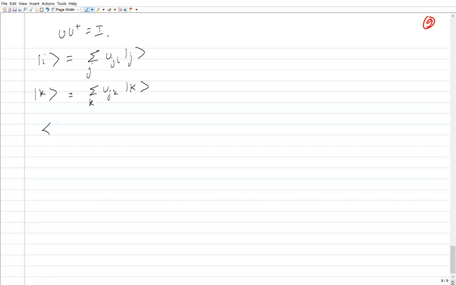Now the inner product <k|i> is nothing but the sum of U_jk dagger U_ji over j, which essentially gives me a Kronecker delta function. So this is just invoking the unitarity property, and this is going to give me an orthonormality condition on the new bases I have formed from the previous bases.